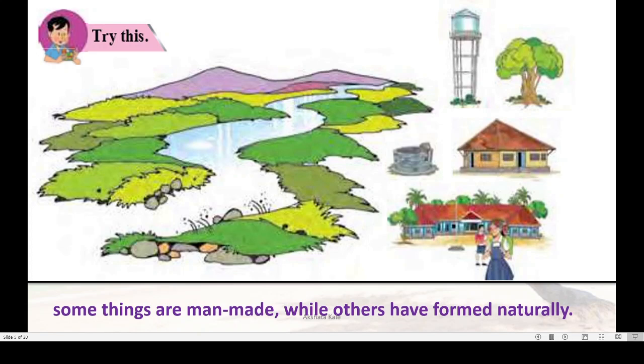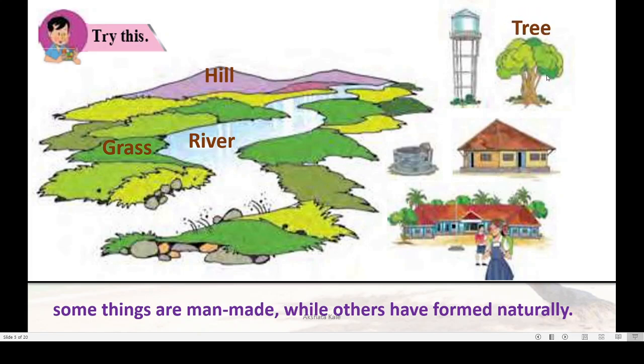See here, natural things in this picture are, see this is a river, that is a water portion. Can you see this blue color? That is a river. Here these are hills. Hill is a natural one. Then these grasslands. Can you see here? Grass, these are naturally occurred. Now this tree also.